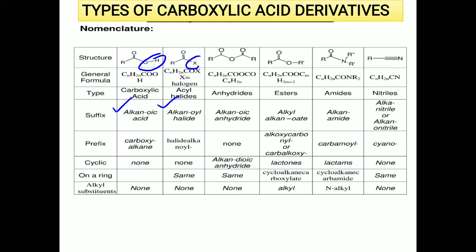So the general formula for acyl halide will become CnH2nCOX, and the structure will become RCOX.